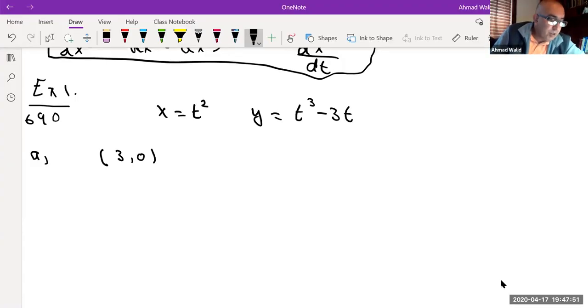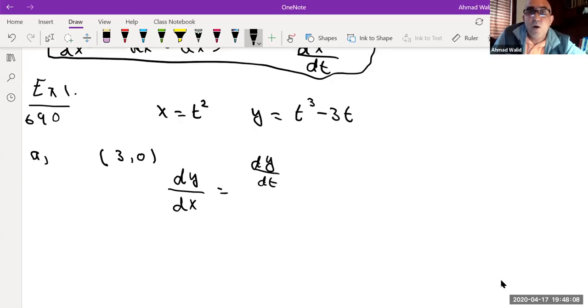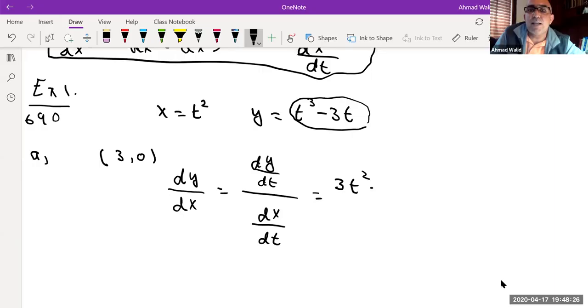How to show that this curve has 2 tangent lines at that point? Your first thing to do is find dy dx, which is the slope of the tangent line. Dy over dx equals dy over dt over dx over dt. What is the derivative of t cubed minus 3t? This derivative is 3t squared minus 3.